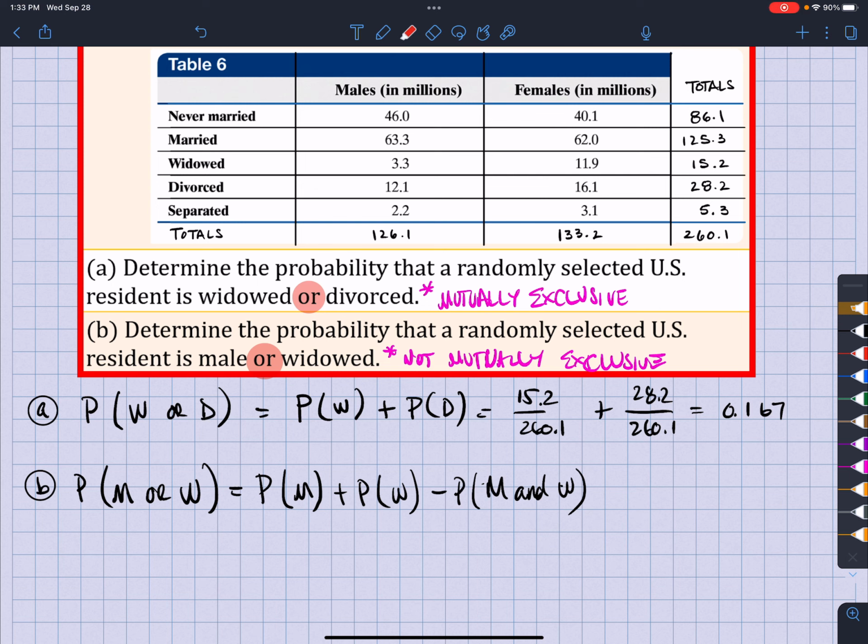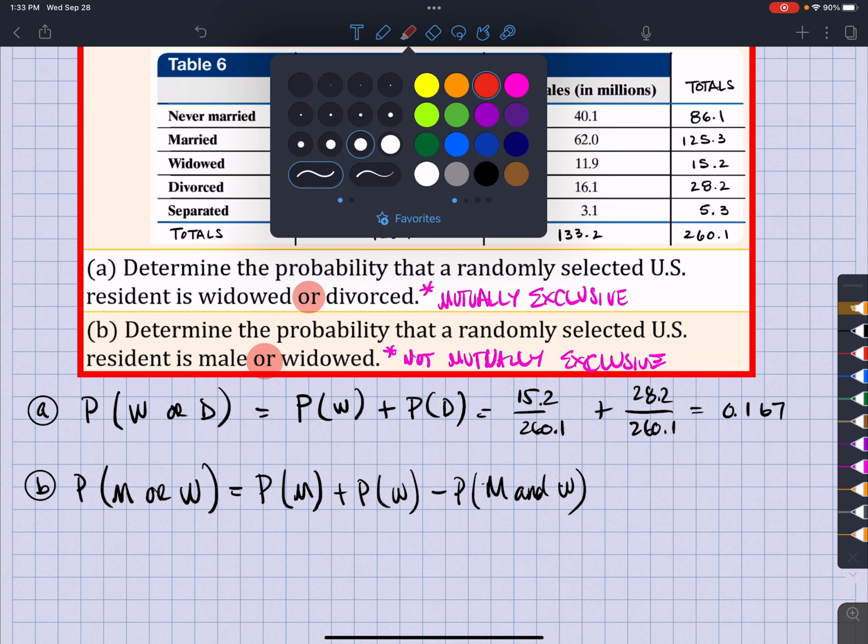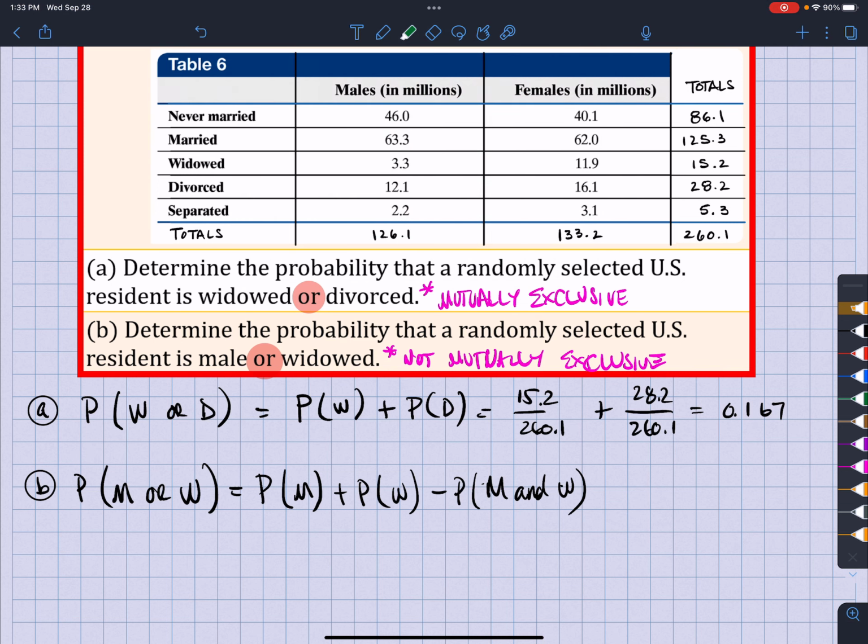So the probability of a male would be right here. Let's use a different color so you guys can follow. Here's the probability of male. The probability of widowed would be here. And then the probability of male and widowed will be here.